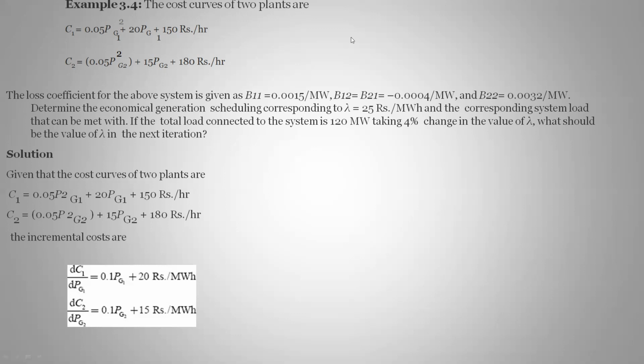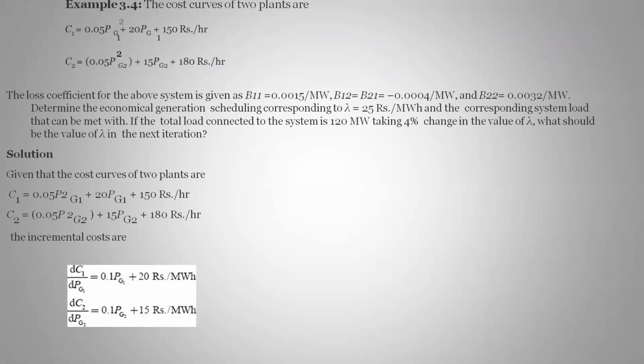First, see the cost curves of two plants C1 and C2. C1 is the first power plant cost curve, C2 is the second power plant cost curve. The loss coefficients are given: B11, B12 is equal to B21, and B22.